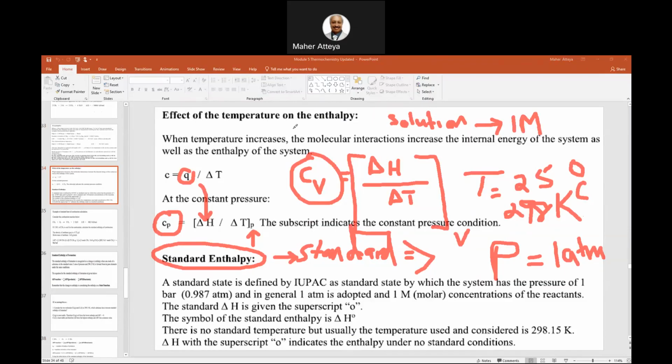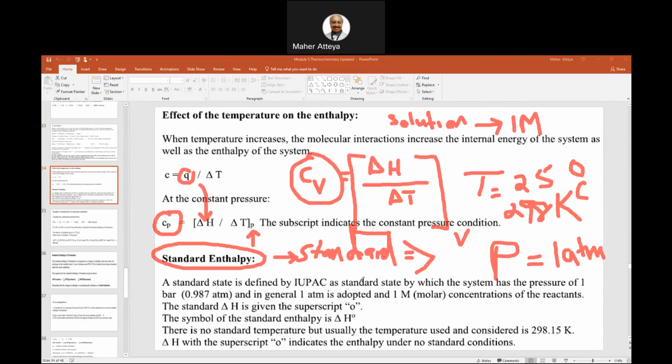One, pressure is 1 atm. Temperature is 25 degrees or 298 Kelvin. And now, because you are dealing with solutions, the solution has to be 1 molar. Those are standard conditions. They apply in chemistry and even physics, and engineering as well. So those are the conditions we really relate ourselves to.